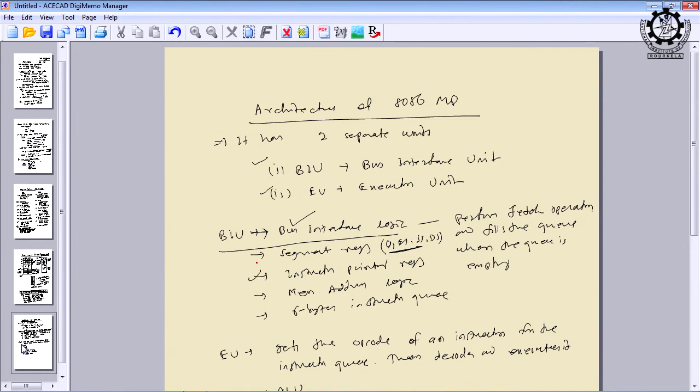So, instruction pointer means IP, which is similar to PC program counter, and memory address logic and 6 bytes instruction queue. So, these are the components available inside the bus interface unit.